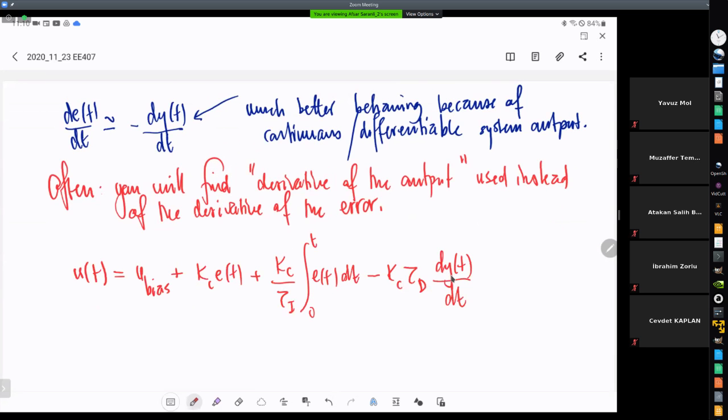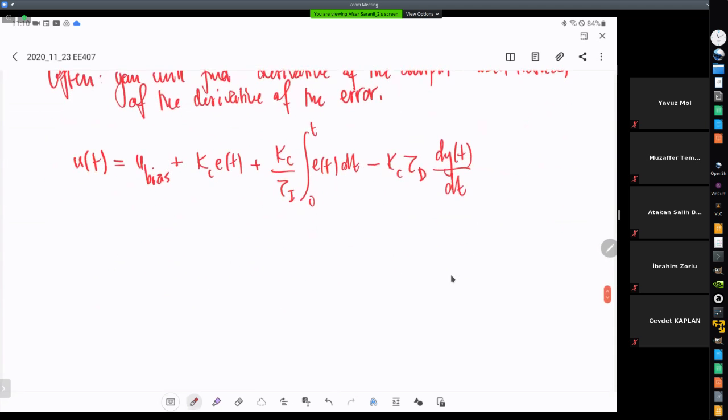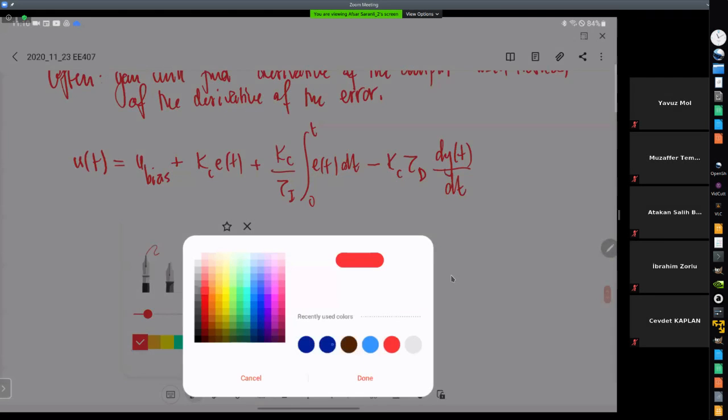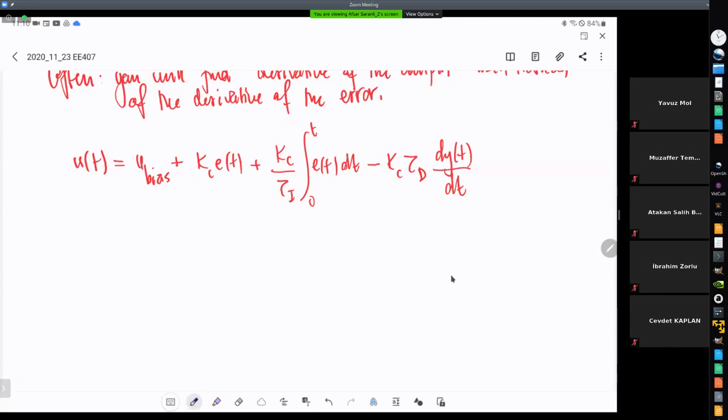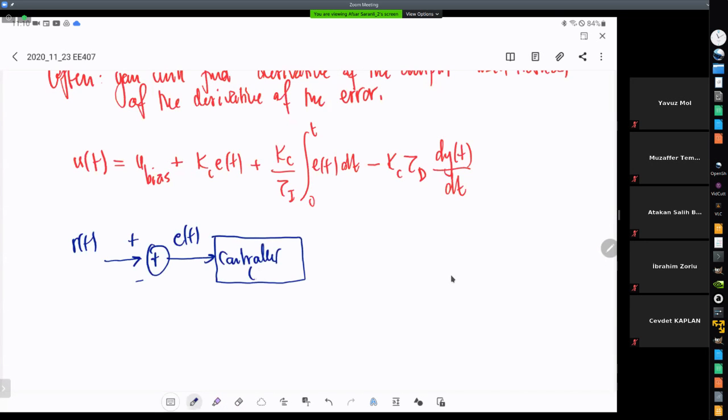If I sketch the block diagram now, you might argue that this changes the architecture slightly, because here I have the reference, the error signal, and the controller, which is our PID controller this time, and the plant or process, with the output y of t and input u of t.